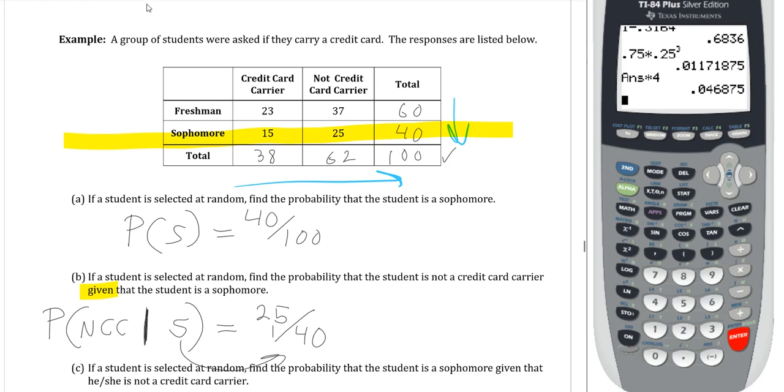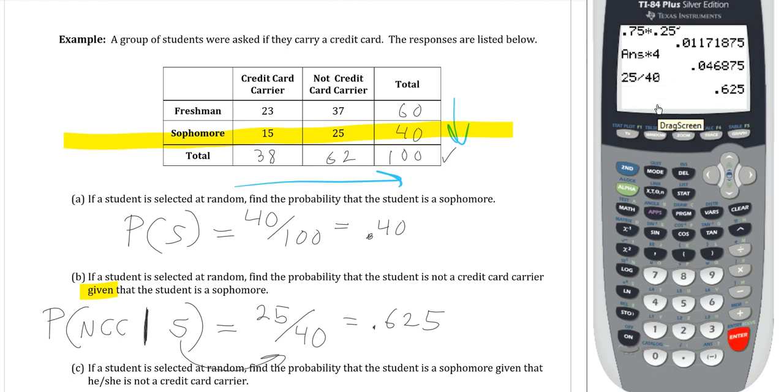Let's also change these into simple decimals just so we have them. 40 out of 100 is 0.40. And 25 out of 40 should give you 0.625. Let's check that. Yep, okay.